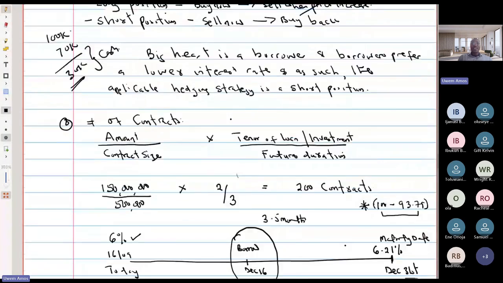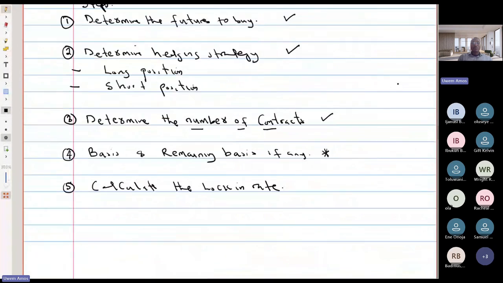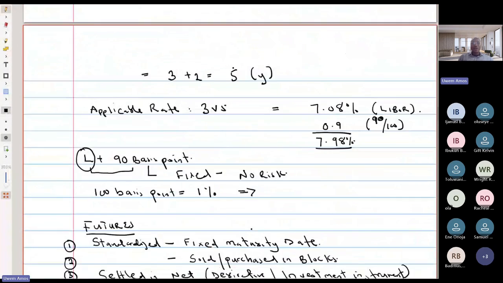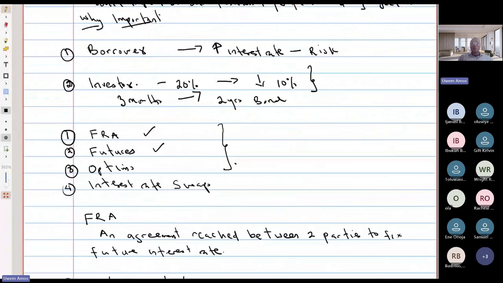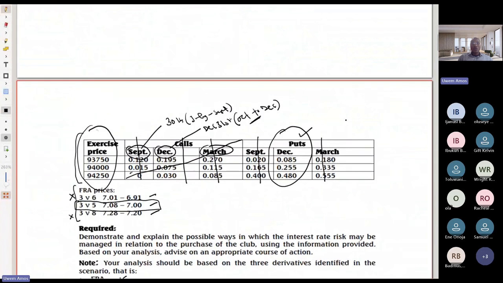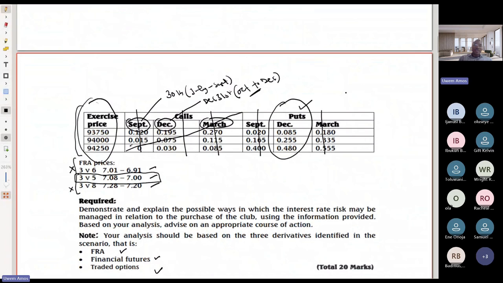We've established that we need a December put option. However, in the market, we have more than one December option. Let's take a look. We have a December option that has a price of 93. Okay, so there's a dot here that was missed out of this question. So we have an option that has a 93.75 exercise price and a premium of 0.085.